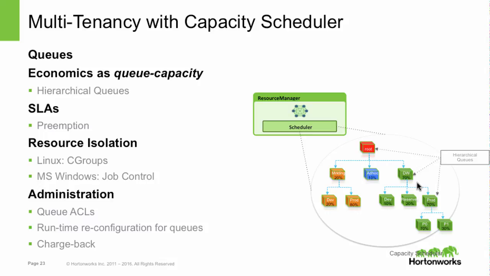Now we can configure this, should we like, to let things take advantage of an idle cluster. So if marketing only gets 20%, but no one else is running, you could configure it, and you might often do so, so that marketing can scale up and consume more resources. When you do that, we have to think about SLAs. What happens when the data warehouse comes along and needs resources, and that marketing job is running?